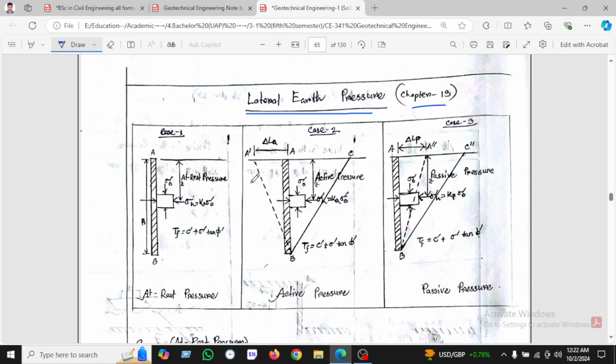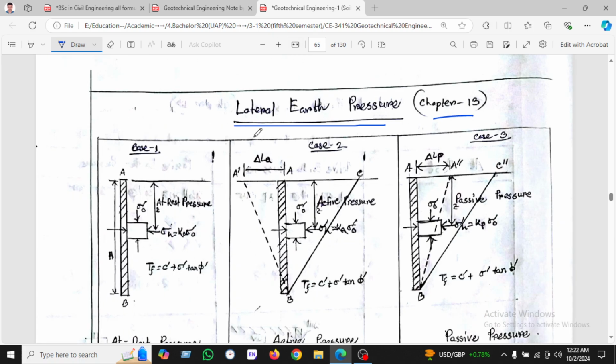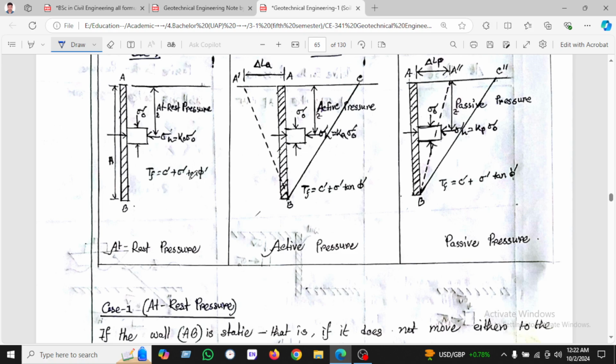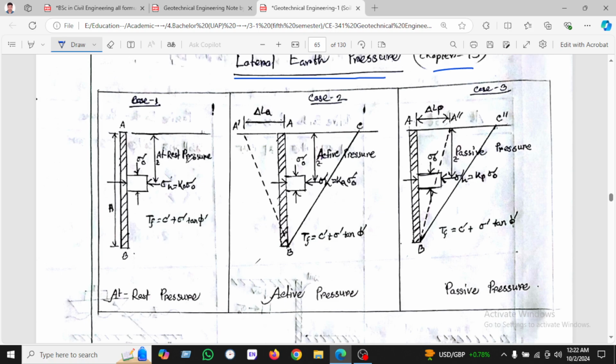So let's see. Here are case 1, case 2, case 3. Case 1 is the at rest condition. There is no pressure occurring on the soil and the retaining wall. On the other hand, the second case is the active case.